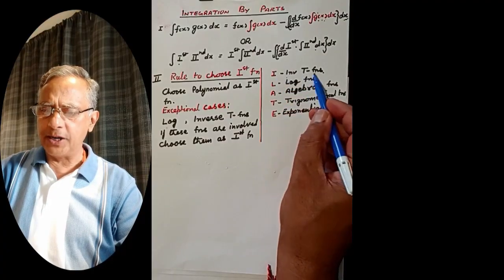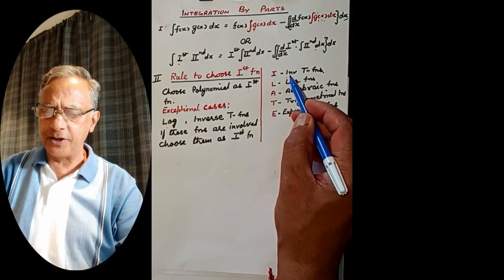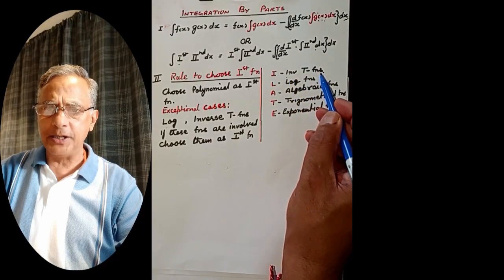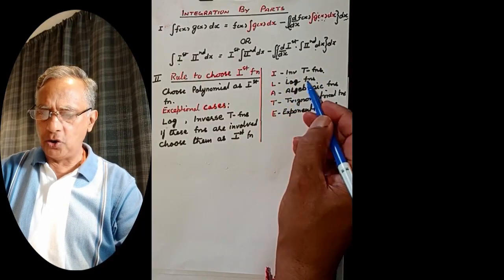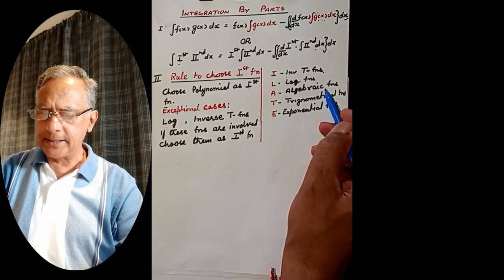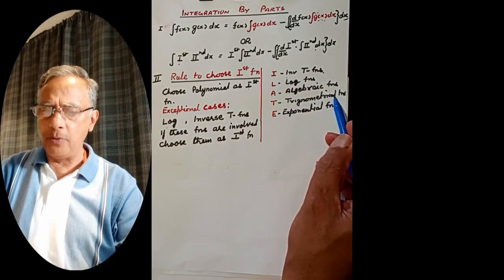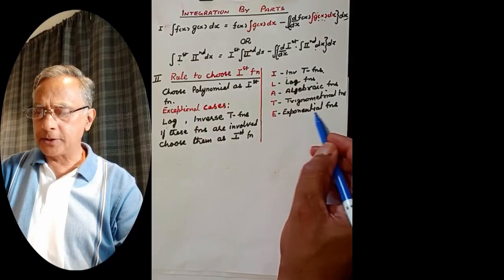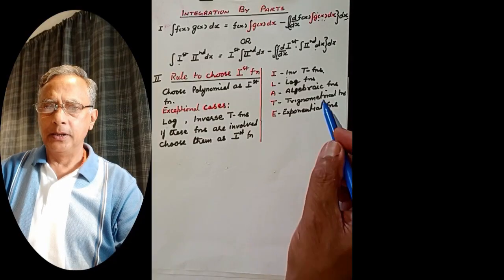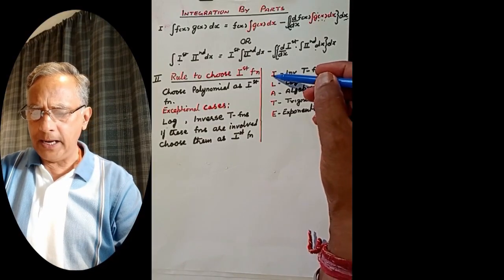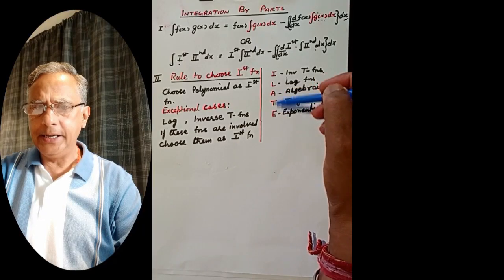I stands for inverse trigonometrical functions. First preference will be given to inverse trigonometrical functions. L is log functions. A is algebraic functions. T is trigonometrical functions. And E is exponential functions. Order of preference will be I, L, A, T, E, ILATE.